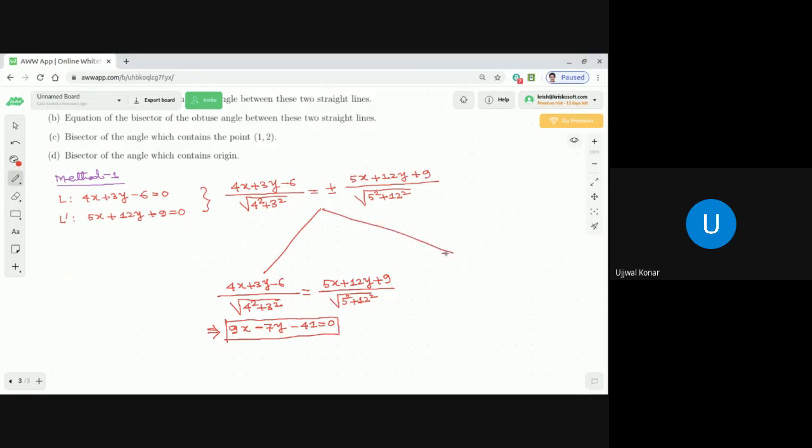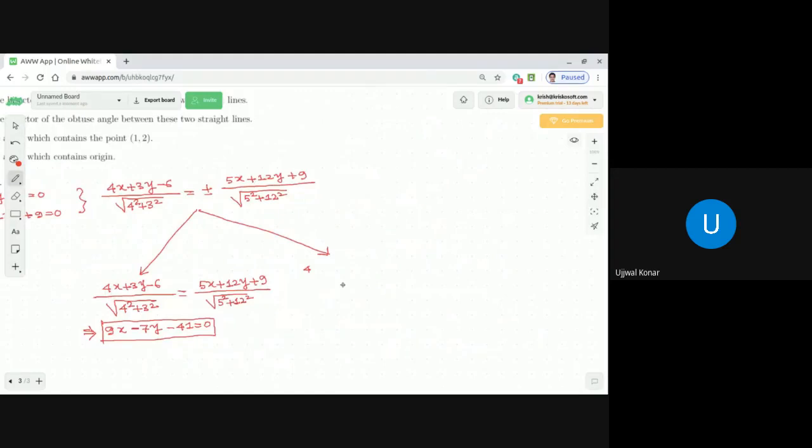The other one we find by taking the negative sign. So we take (4x plus 3y minus 6) divided by square root of 4 square plus 3 square, equal to minus (5x plus 12y plus 9) divided by square root of 5 square plus 12 square.